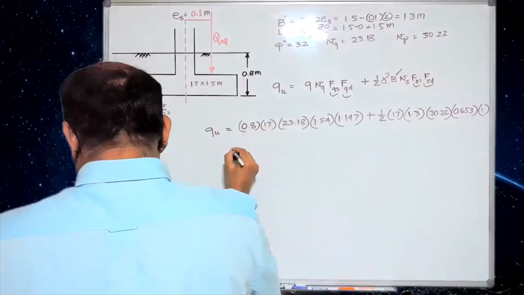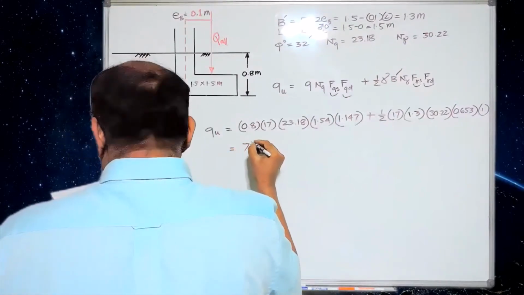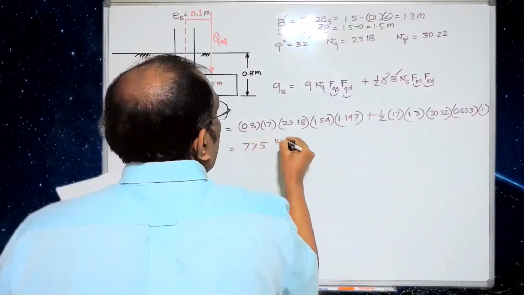So this is basically 775 kilonewton per meter square.